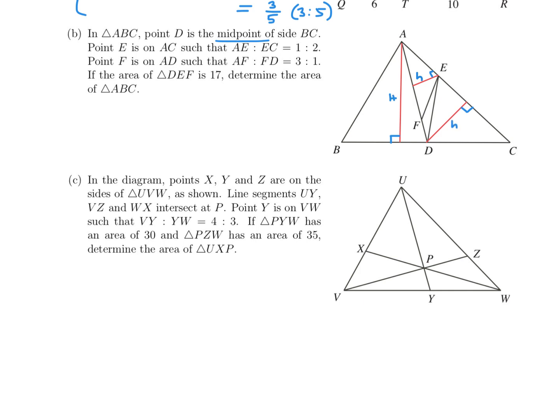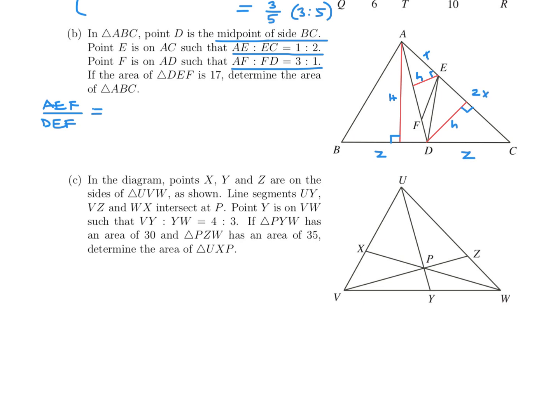Okay, so now let's carefully do this. First, let's look at one ratio, which is triangle AEF over triangle DEF. And before I do that, I need to take into consideration this information that they've given me. Since D is the midpoint, BD I will call Z, and DC I will call Z. E is the ratio 1 to 2, so AE I will call X, and then EC I will call 2X.